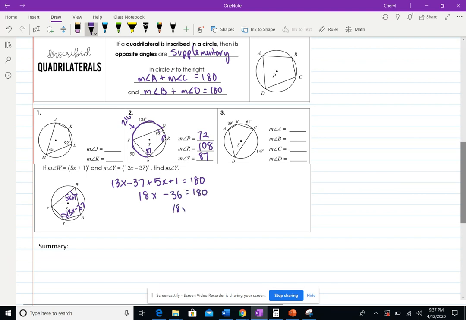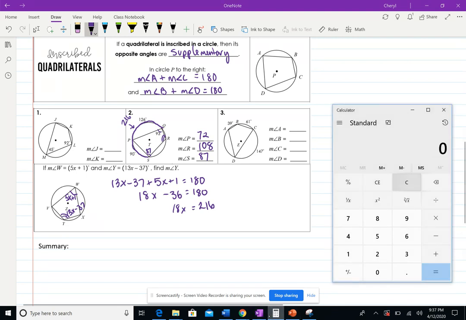Add 36 to both sides. 216. And we'll divide by 18. X is 12.